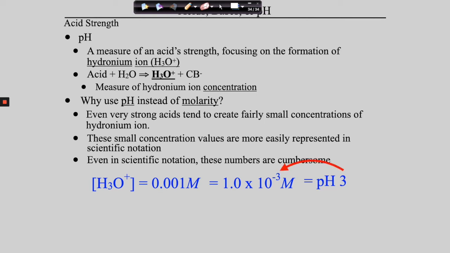It's right here. Guys, that's all pH is. It is the exponent of the molarity for hydronium ion. It is the molarity in scientific notation, but all we're focusing on is the exponent, and we drop the negative. So get rid of this, and that's where the pH comes from.